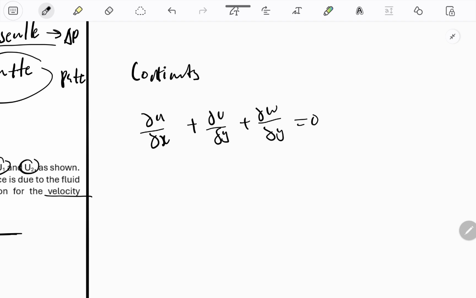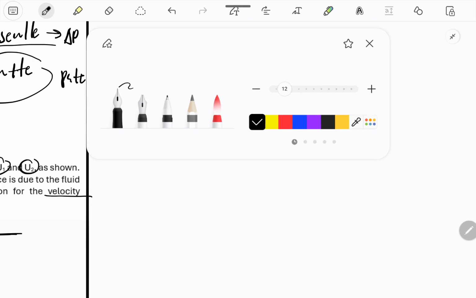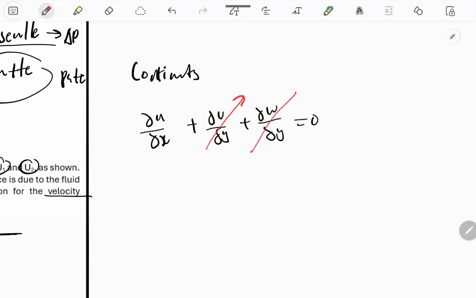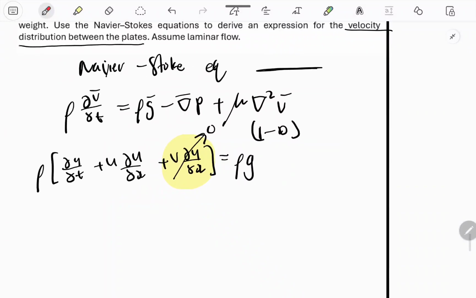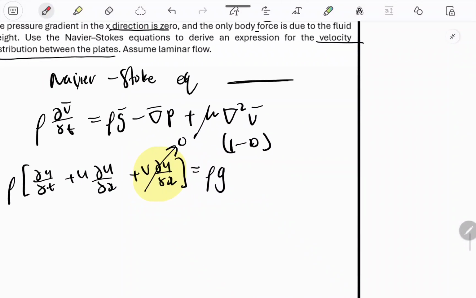We already know that we don't have these two because we literally don't have them. So du over dx will have to equal 0. Let me call that one 1, right? du dx. This one is dying because we don't have it. This one is dying because we're saying it's steady, right? So this one we ignore, plus mu.